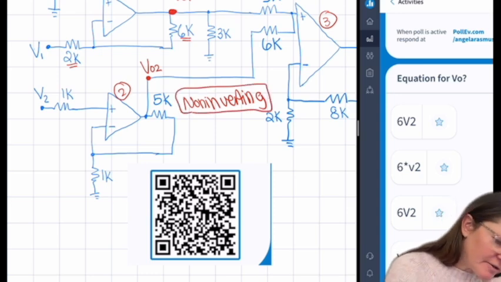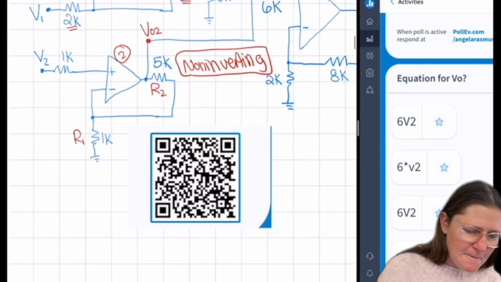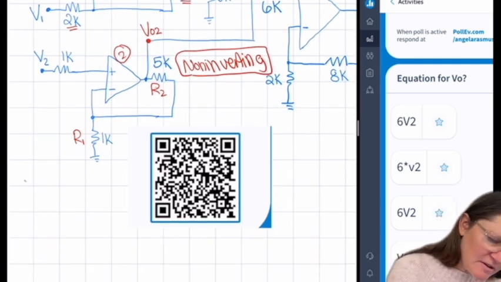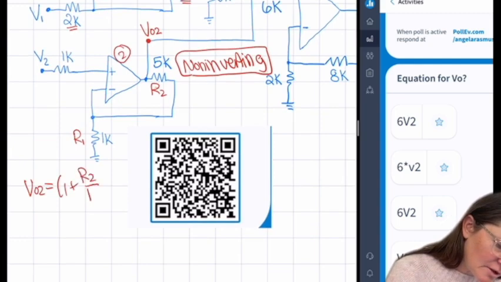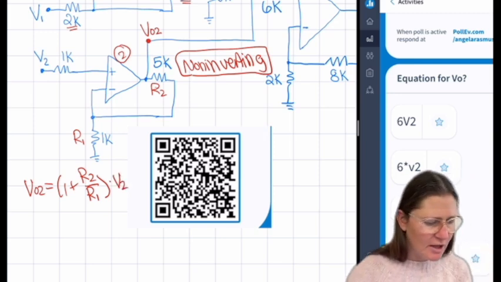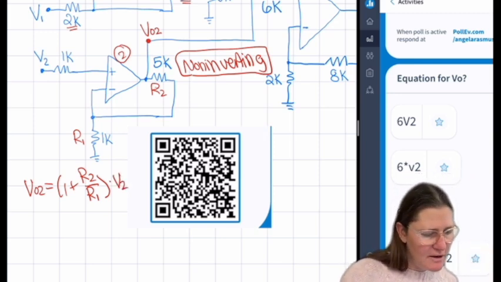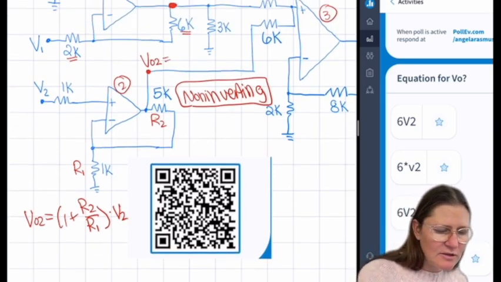The equation for non-inverting, calling these R2 and R1, is VO2 equals 1 plus R2 over R1 times the input, in this case V2. So that gives you 5K over 1K, plus 1, so this would be 6V2.